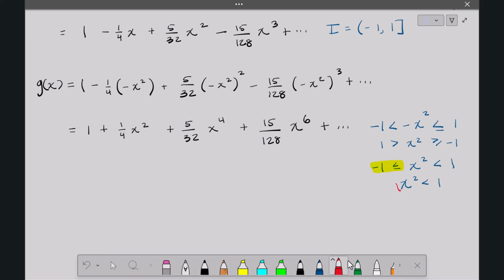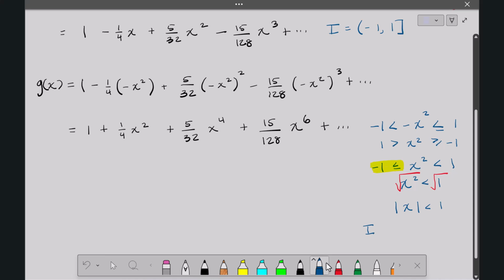And if we take the square root of both sides, which are non-negative, this is going to give us the absolute value of x is less than 1. And that tells us that our interval of convergence is -1 to 1, excluding both endpoints.